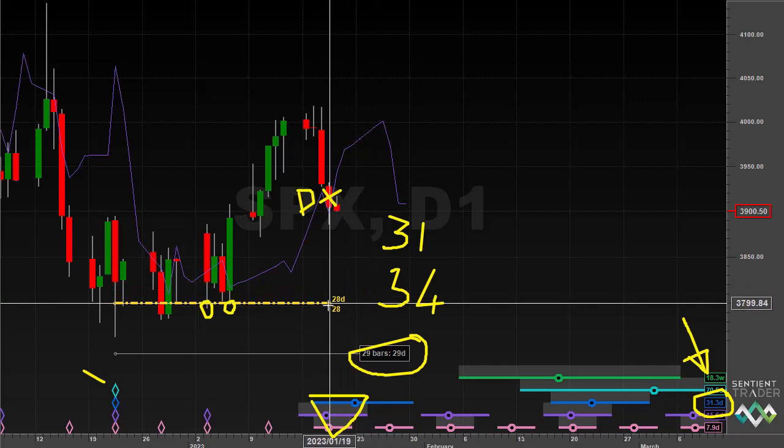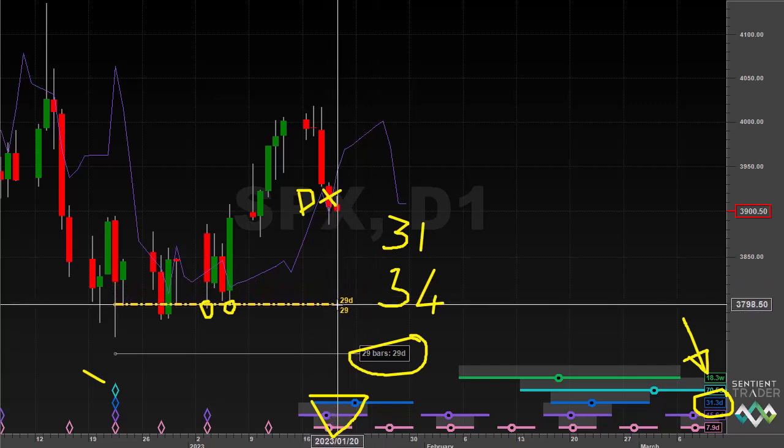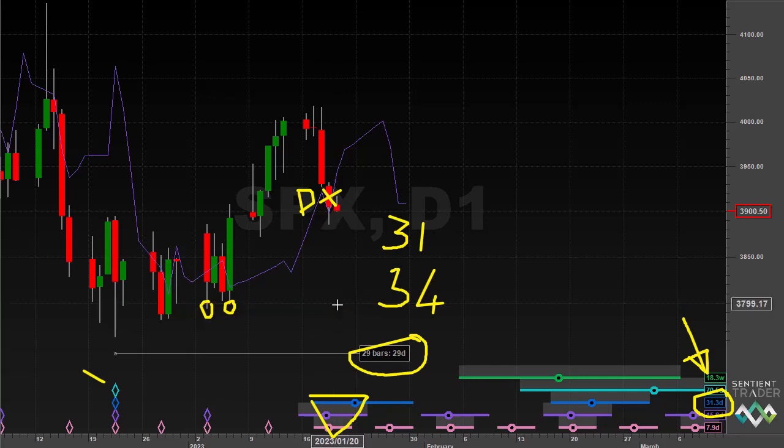There have been 29 days that have elapsed up to this point over here, and you can see that the nest of lows, which indicates the combined expectation of all the shorter cycles, is indicating that the trough is certainly due now. So what is going to happen as price comes down to the 20-day FLD?